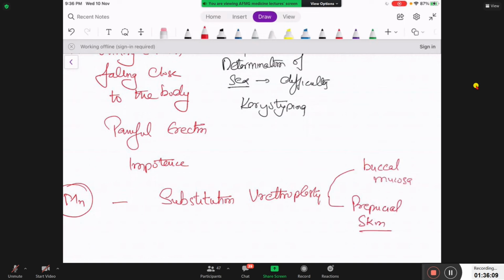And very important point to note, since in hypospadias we may need a preputial skin for reconstruction of urethra, in a patient of hypospadias, write down in capital letters, one should not do circumcision. Since preputial skin is required for reconstruction of urethra, circumcision should not be done.